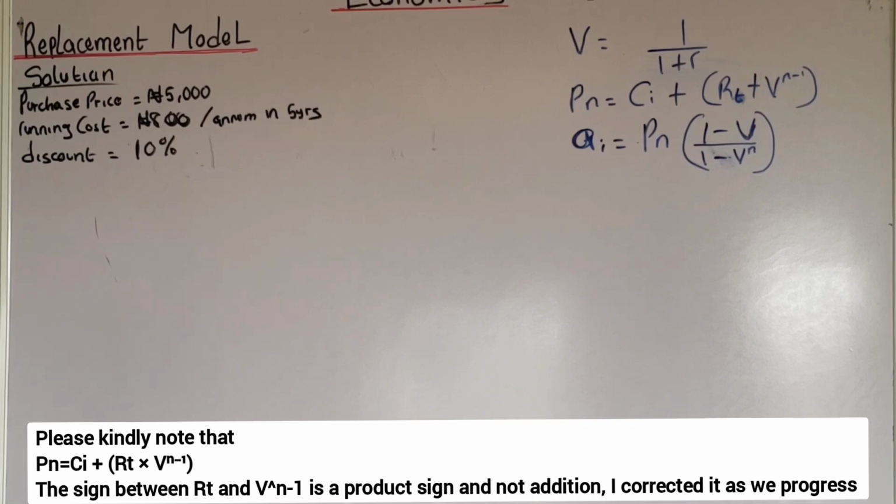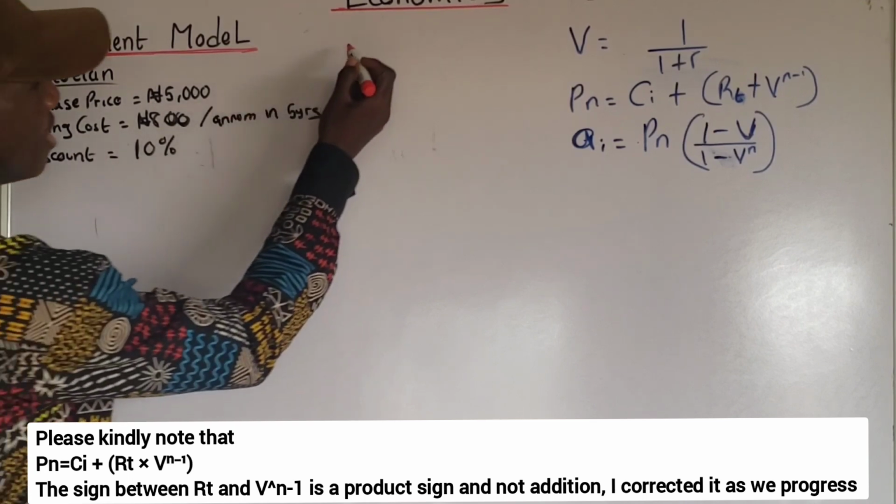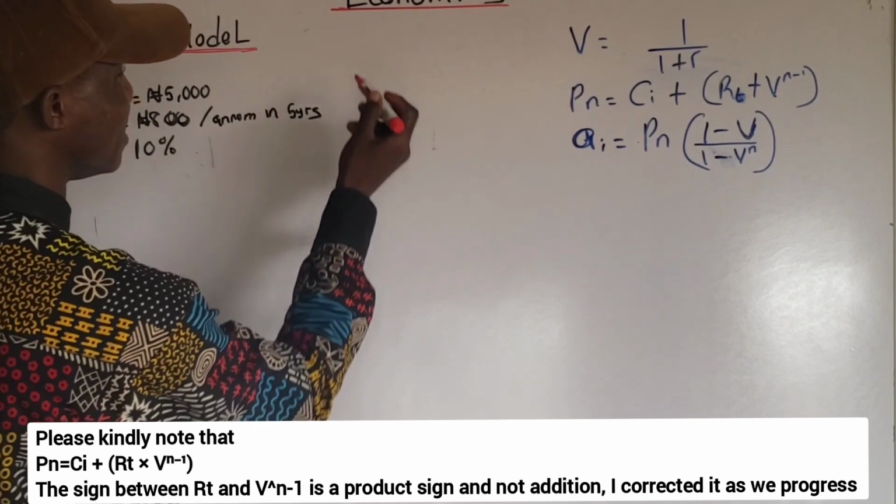Okay, now having understood all the parameters that we have in this formula, let me give you a condition. The condition for the optimum time of replacement, I want to give you that condition now. Please pay attention.